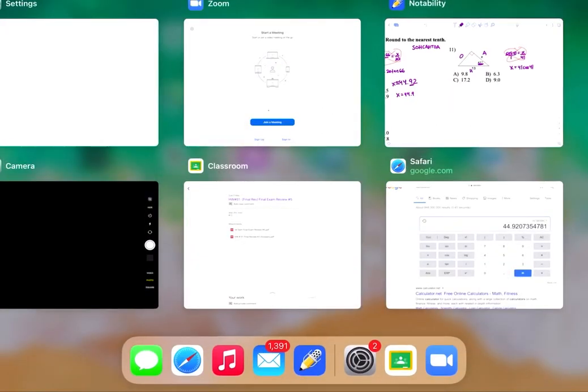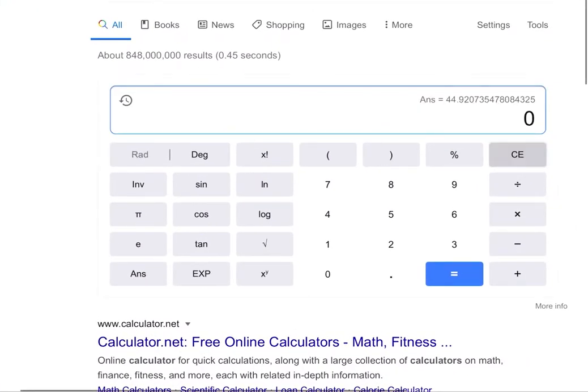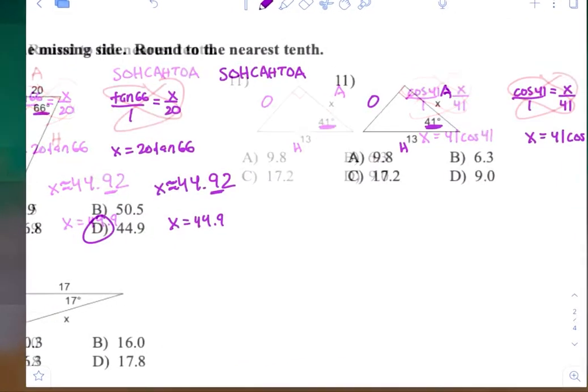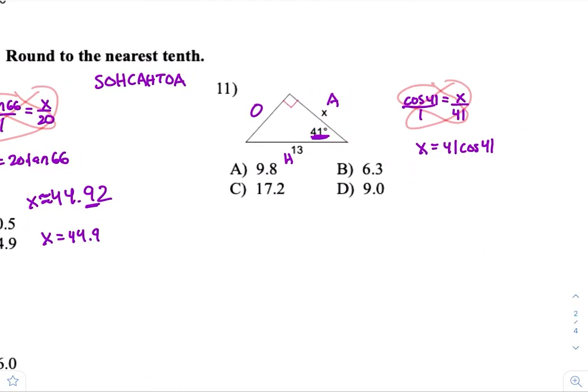So in your calculator, 41 cosine of 41, that is 30.94. Oh, I put 41, you guys. Sorry.